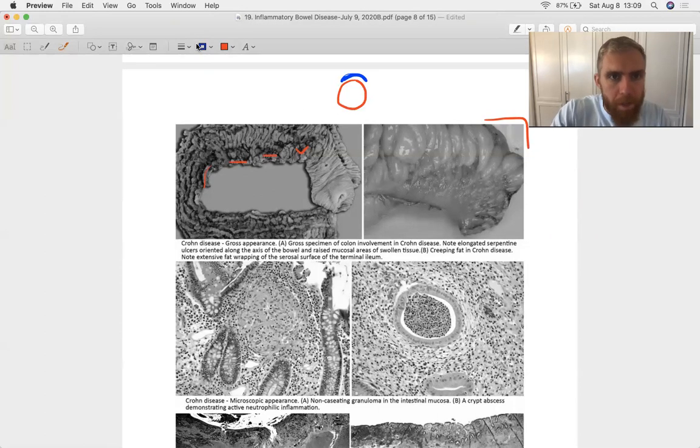So with creeping fat, the fat creeps down and wraps around a larger circumference of the overall bowel, eventually to the point where it's just surrounded by fat. And so that's abnormal. So if you get shown a gross picture of a bowel that is almost 100% encased in fat, that's what's going on. It's that creeping fat phenomenon, and it's mesenteric fat, and it's particular to Crohn's disease, not UC.